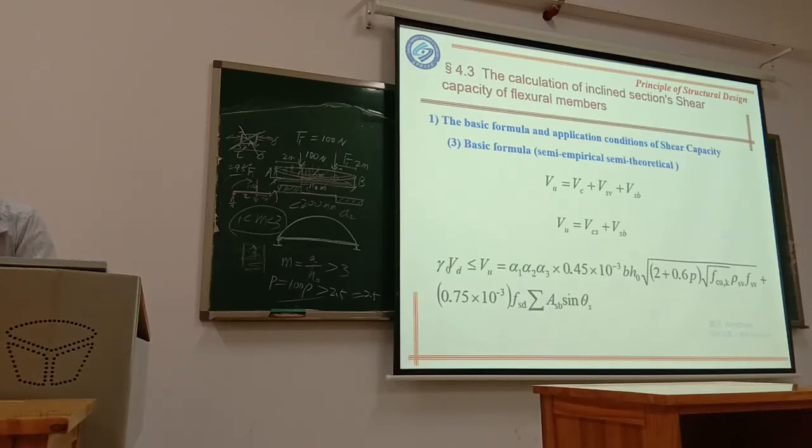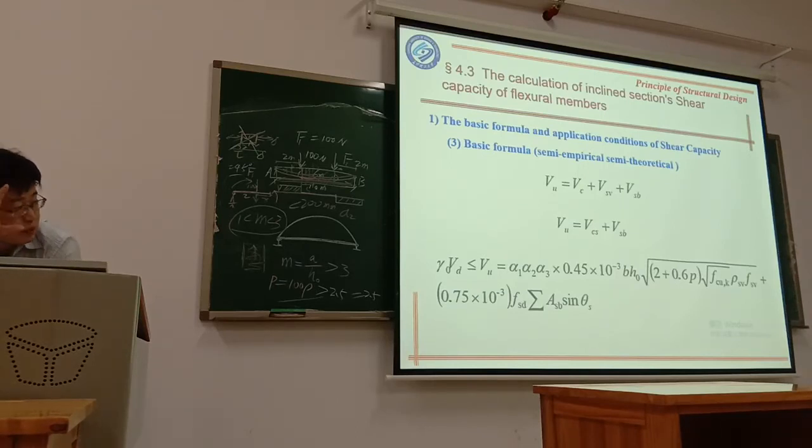So the design value and the standard value are different. fcu,k is the standard value, it's not the design value. So this is the difference.